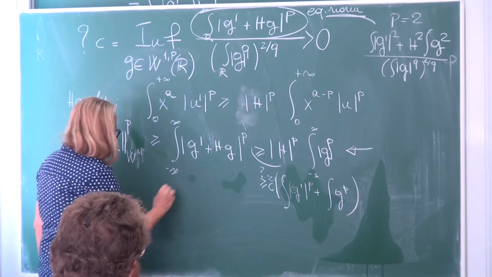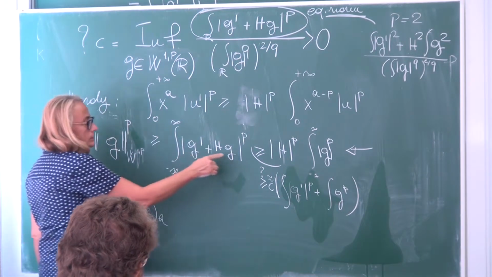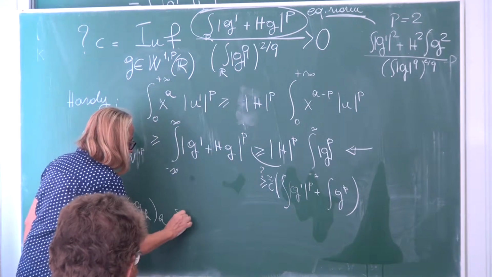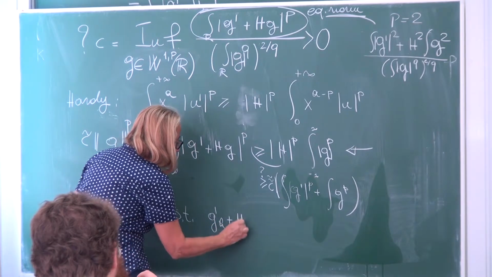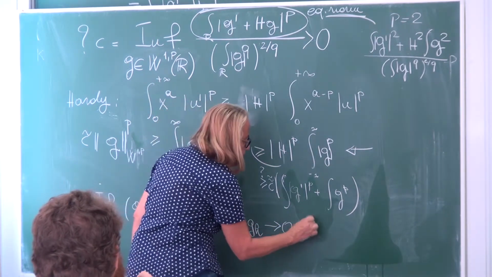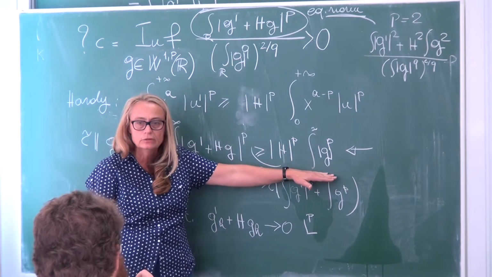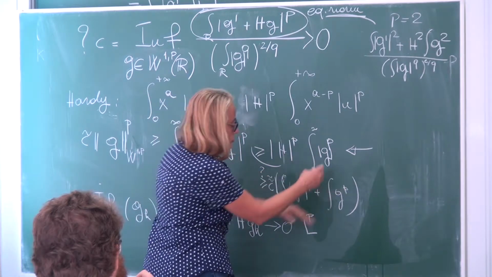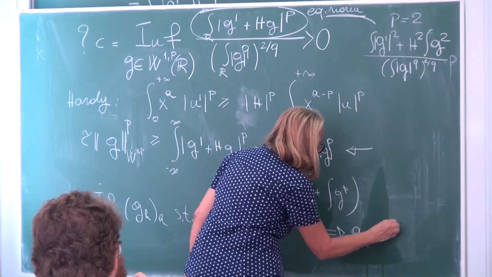But if you have a sequence g_h such that this norm goes to 0, that is g prime of h plus h g of h goes to 0 in L^p, then you can use this Hardy inequality to have that g_h goes to 0 in L^p.